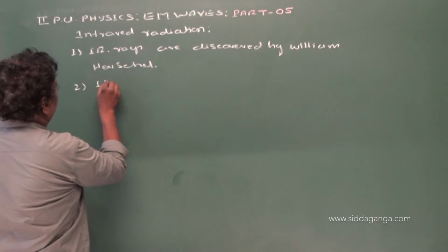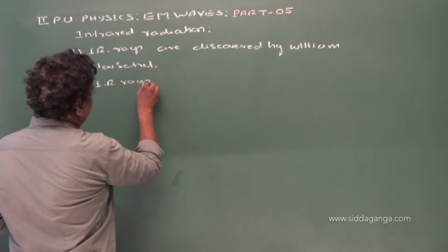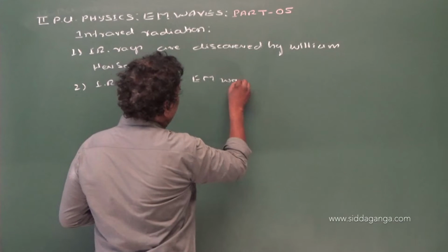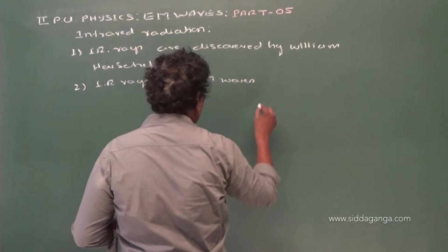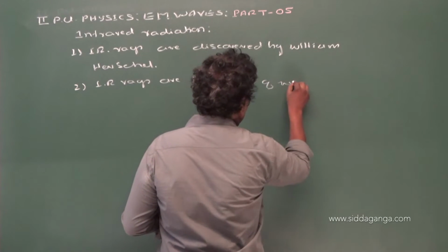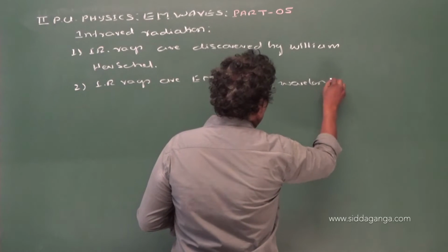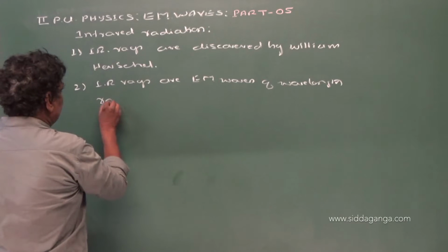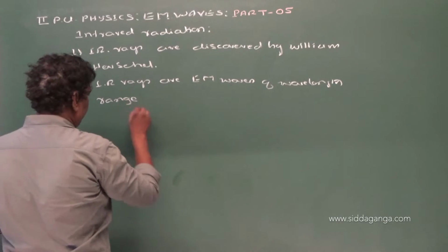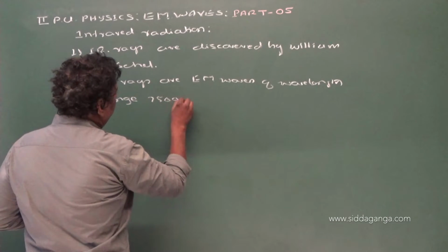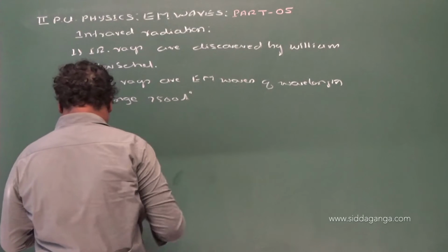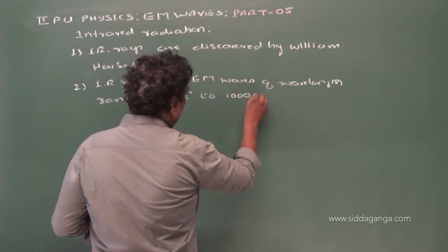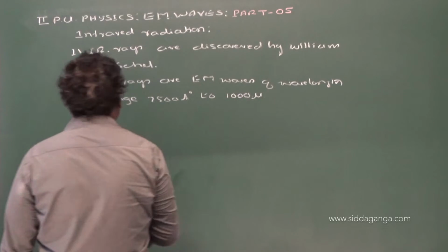Now infrared rays are electromagnetic waves of wavelength range 7,500 angstrom to 1000 microns.